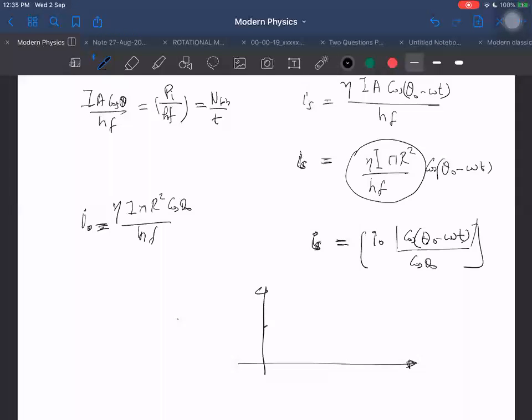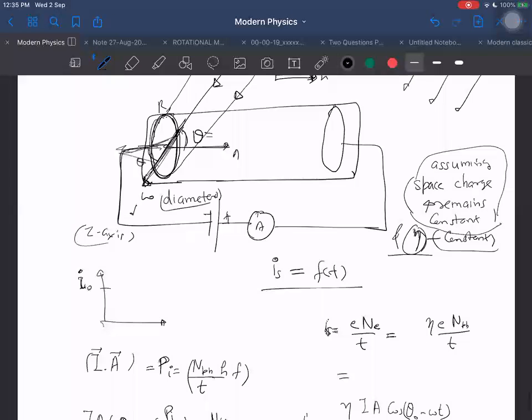Cos theta minus omega t will be like this, and then it will start decreasing, then it will become 0. But then it will start increasing again, something like this. It will be a cosinusoidal graph, I_s versus t, starting from I naught.